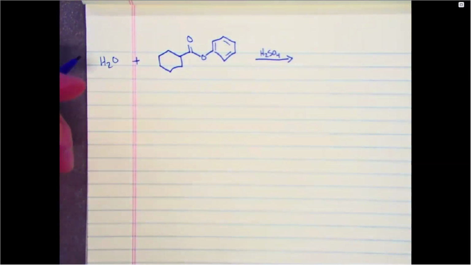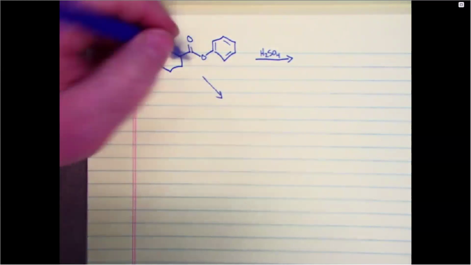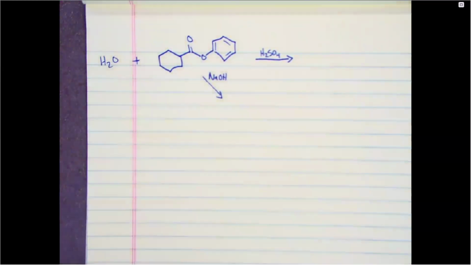If we did hydrolysis of this ester in acid, what would the products look like? And what about if we did the same reaction in basic conditions instead?